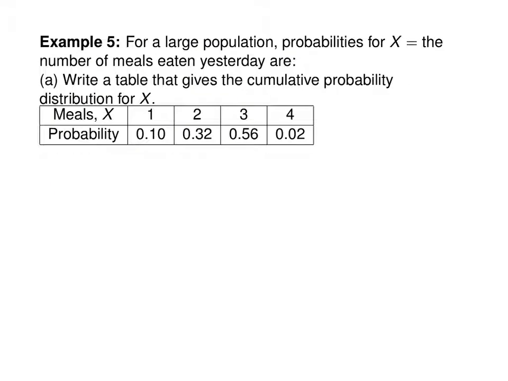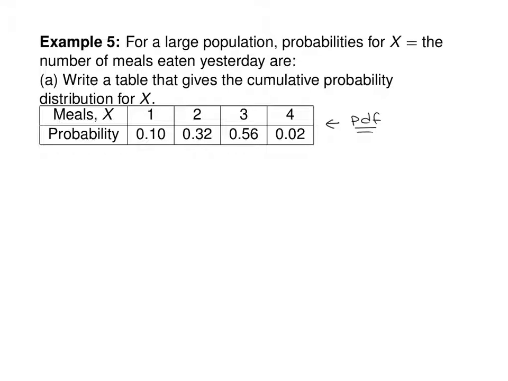Okay, so this table right there, that's what they call the PDF, probability distribution function. So this tells you the chances that a random person you meet has only eaten 1 meal, 2 meals, 3 meals, or 4 meals. Does that idea make sense?